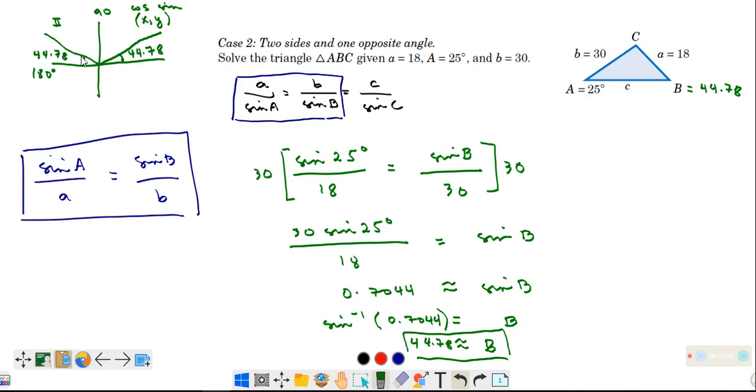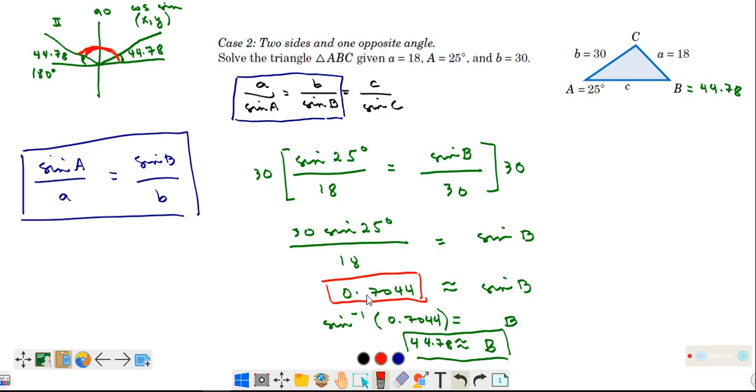So if we get this whole angle, itong obtuse angle na to, with the reference angle 44.78, parehas yung magiging value nyo ng ratio for sine.